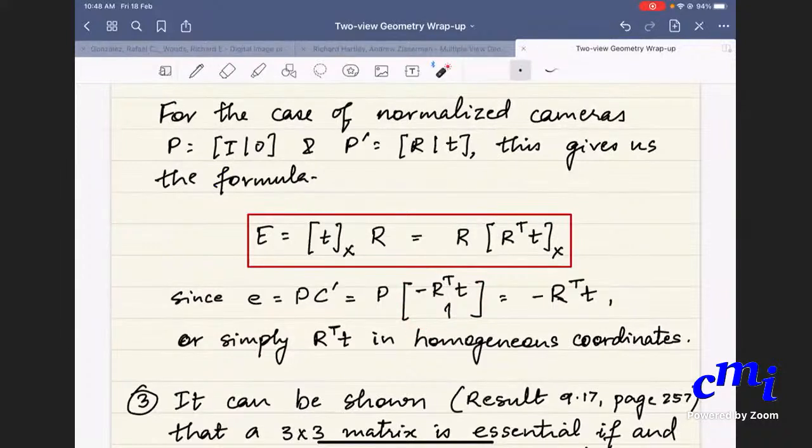Now if you apply P to this matrix, P is [I|0] here, so applying P to this matrix is going to give you minus R transpose T. But minus R transpose T, you can simply say R transpose T, because you're looking at this in homogeneous coordinates. So that is how, in place of E here, we have R transpose T. So that's another justification for why this is true. This is a formula that we get for E in terms of the translation and the rotation.